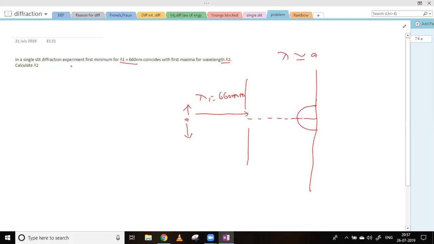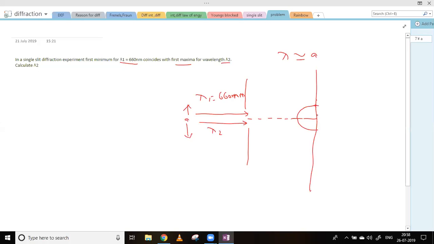Now what happened? The first minimum for lambda 1 equal to 660 nanometers coincides with the first maximum for wavelength lambda 2. Now on this slit I incident one more light whose wavelength is lambda 2. When I incident this light, at this point the first maximum is formed.